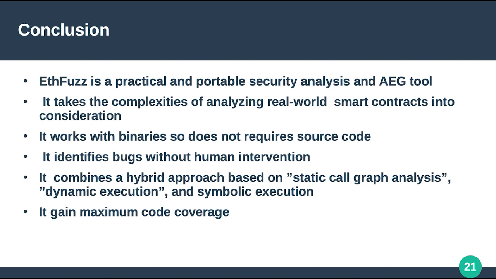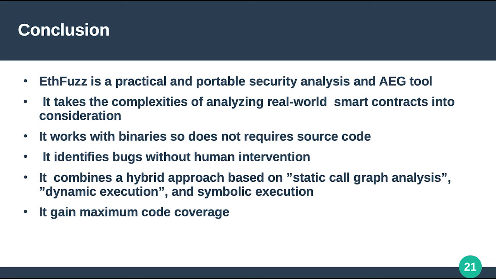So in a nutshell, this presentation today introduced ETH-FAS as a practical and portable security analysis and automatic exploit generation framework for the smart contracts ecosystem. Our approach takes into consideration the complexity of analyzing real-world commercial smart contracts where the source code is not available, and effectively addresses them.